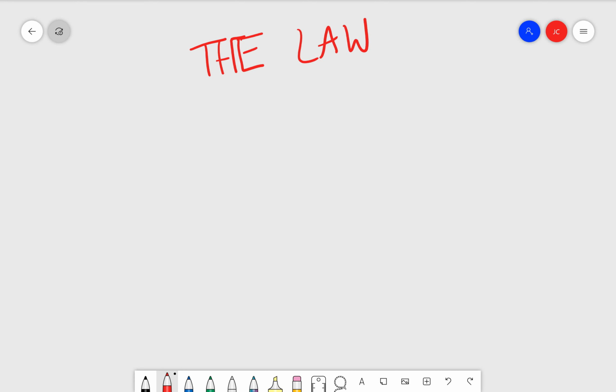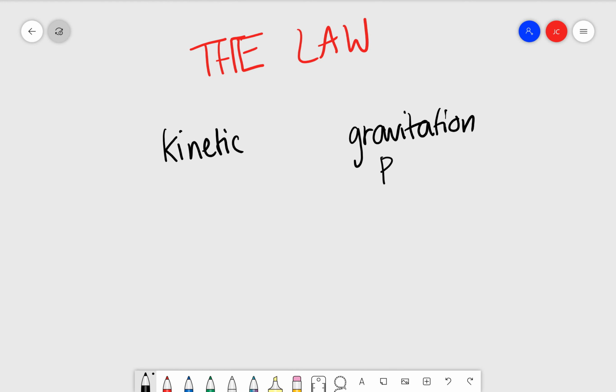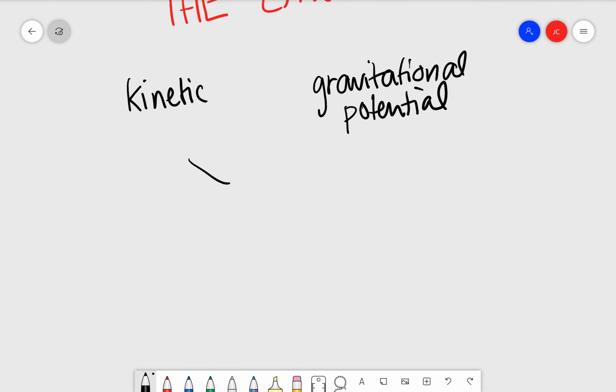Again, that'd be very impractical for most questions. The majority of questions we're dealing with in this section of the unit, you'll remember, only involve two types of energy: kinetic energy and gravitational potential energy. These two types of energy are really the main ones. And if you remember, when you combine these two together, you get something called mechanical energy.